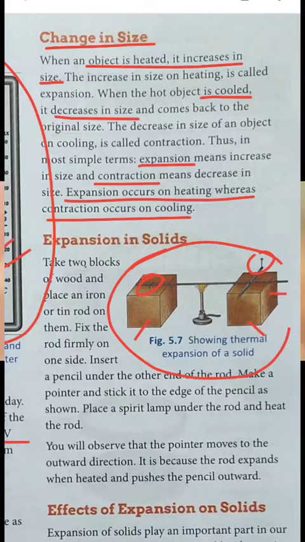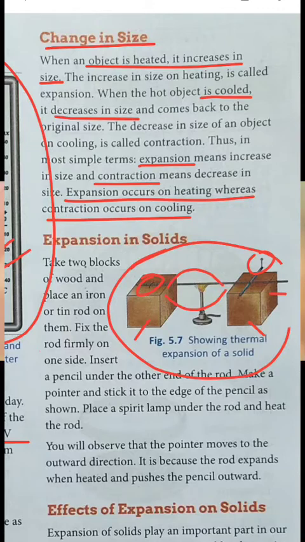Now, what would happen when this iron rod is fixed from both sides? Here in this figure it is fixed from only one side, the left hand side, and the other side is free to move so that it can expand from that side. If it is fixed from both sides, the rod will either go like this or like this, because it will not get any space to expand.